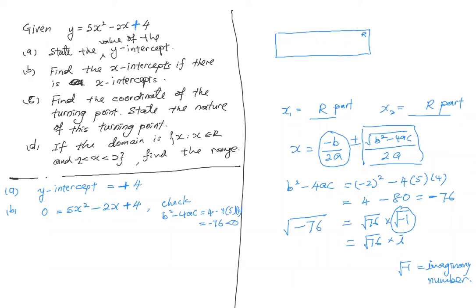So I put a conclusion here: no real roots. Therefore, no x-intercept. That is how you communicate. How do you know? Based on this evidence. So in SACE Maths, you have to know how to tell the examiner who marks your paper why it is like that.